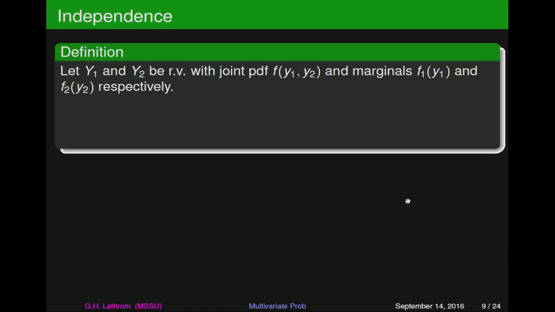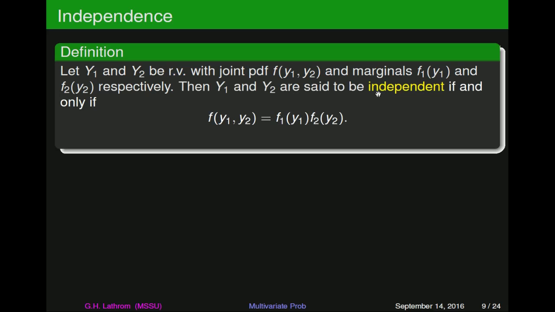Now we're ready to encounter our first definition of independence. Independence should not be confused with mutually exclusive. They're really two very different concepts. Mutually exclusive means that one can't happen when the other happens, that their intersection is empty. For independence, we've got something very different.